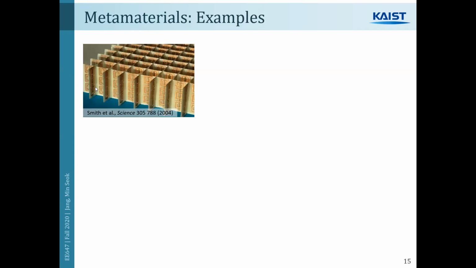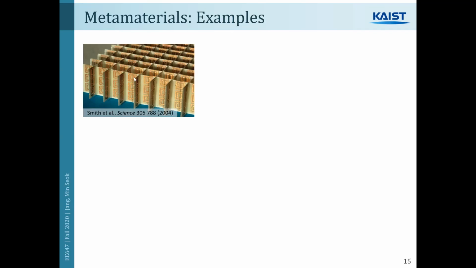Okay, so this is probably one of the first demonstrations of metamaterial, and each of these squares is about 1 centimeter, and you may wonder how come this is then nanophotonics.